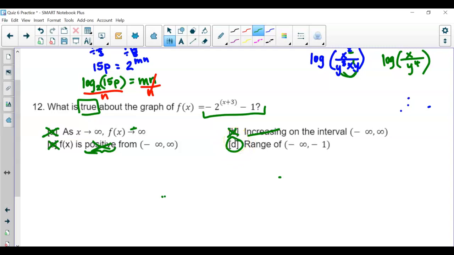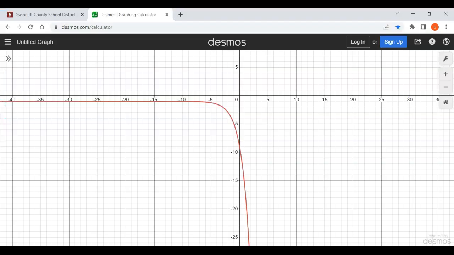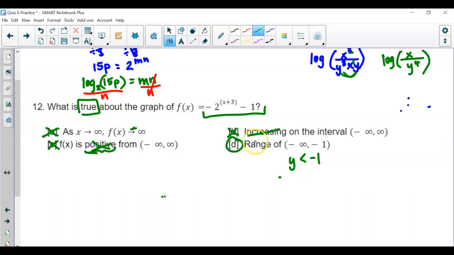The range is negative infinity to negative 1, which is saying that these values are less than negative 1. So negative 1 is our highest value, which is the case here at negative 1, and it's below. So that's why here the answer is D.